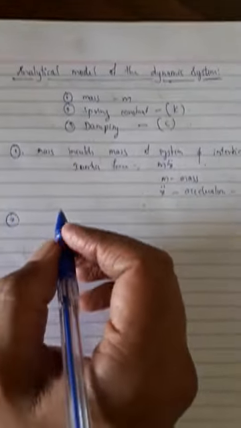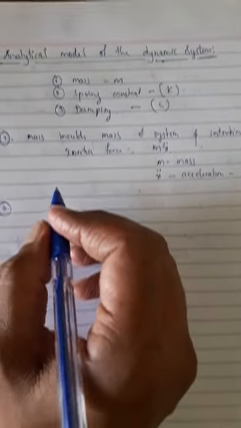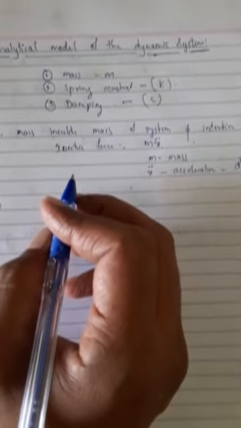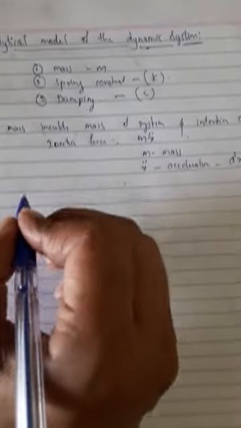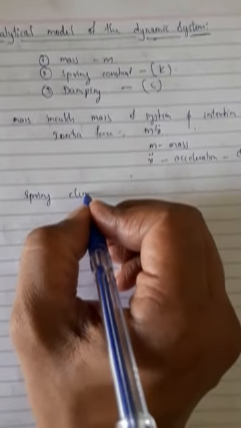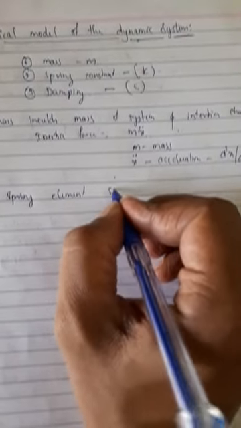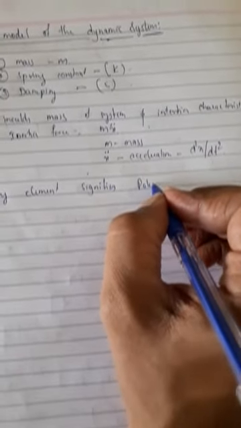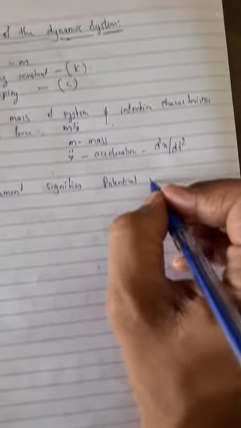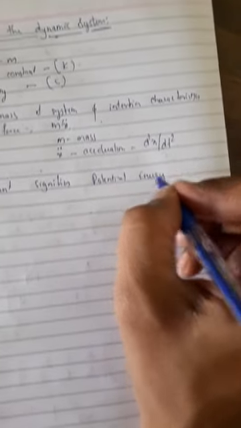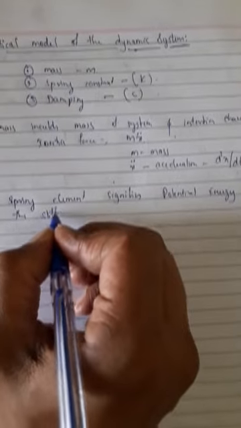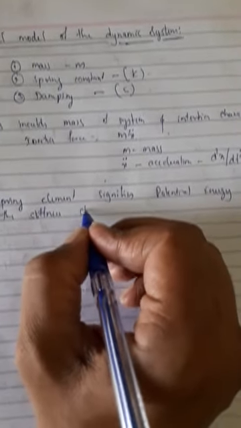Second component is the spring element. Spring element signifies potential energy and stiffness characteristics.